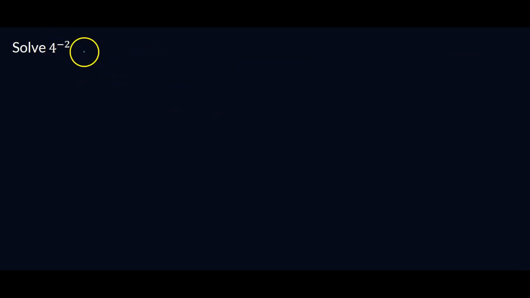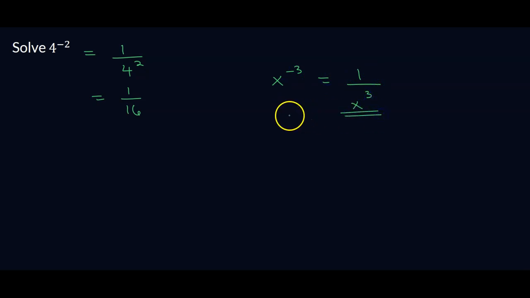This is going to be equal to 1 over 4 to the power of 2, which is equal to 1 over 16. And if you had another example like x to the power of negative 3, this is going to be 1 over x to the power of 3. So this is how you apply these steps to solve negative integer exponents.